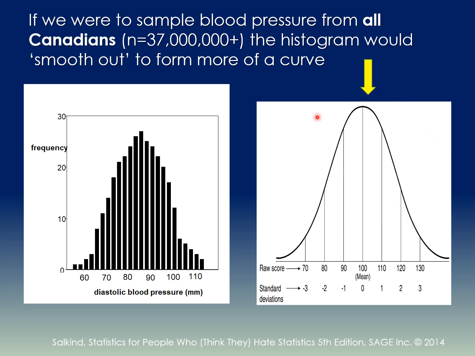And so we begin to get our first sense of what the normal curve looks like. The normal curve actually represents the population distribution on a particular measurement. That's what that is. If we were to measure the entire population on some variable, height, weight, blood pressure, you name it, and if I were to measure all of them, if I could do that, then I would get a distribution that looks like this.